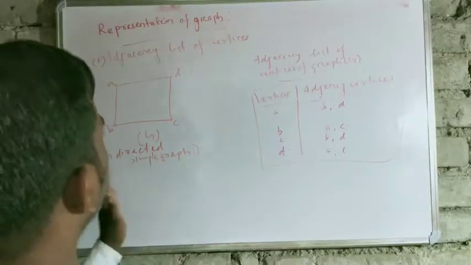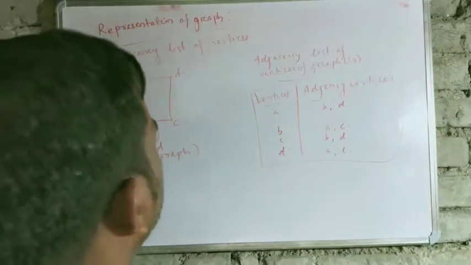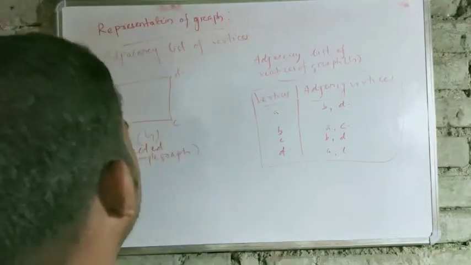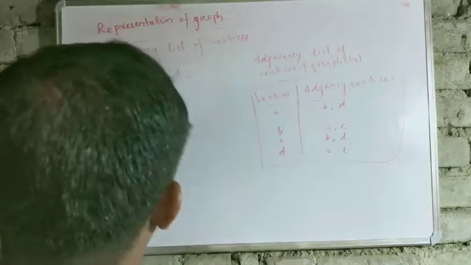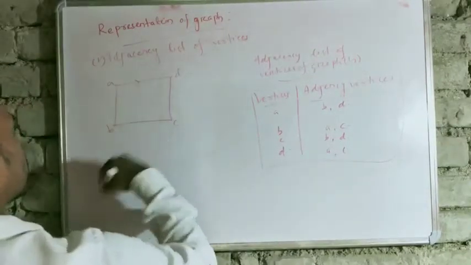Now I will say how to represent a directed simple graph. Suppose there is some direction, so how will we do it? Suppose this is the direction.